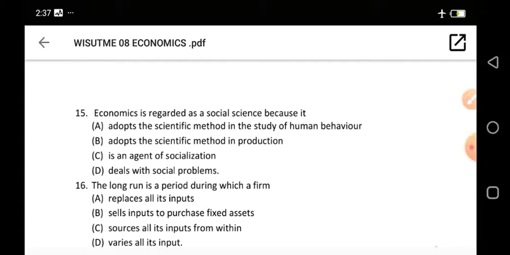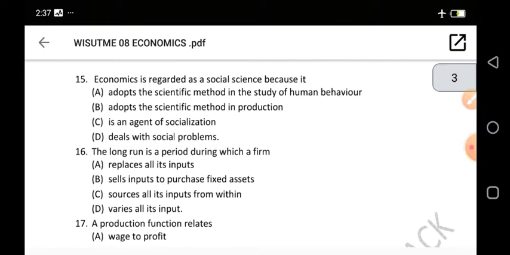Number 16. The long run is a period during which a firm's what? Remember we have the short run and the long run. In the short run, we have what we call the law of diminishing returns, where we have two kinds of factors of production, the fixed and the variable.